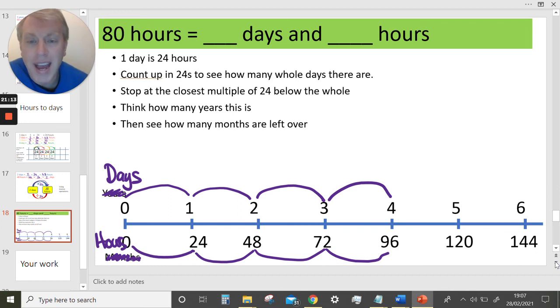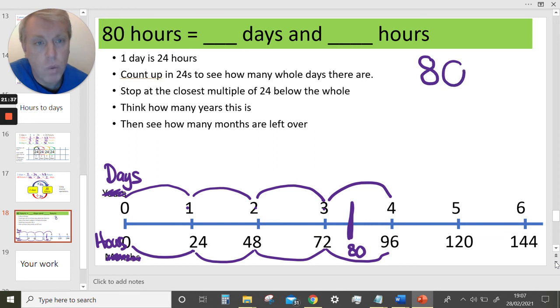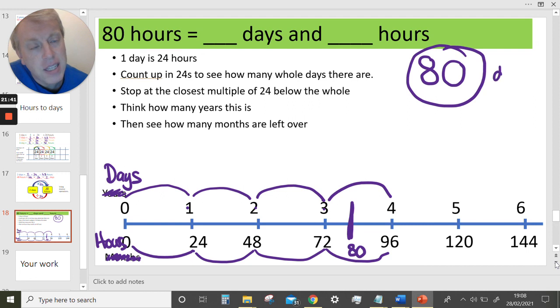So where would 80 hours go on this number line? Well, it's more than 72, less than 96, so 80 will go maybe around here. So it's 3 days. Here I'm going to draw my part-whole model, which is really useful when we get these bigger numbers. 80 hours altogether.